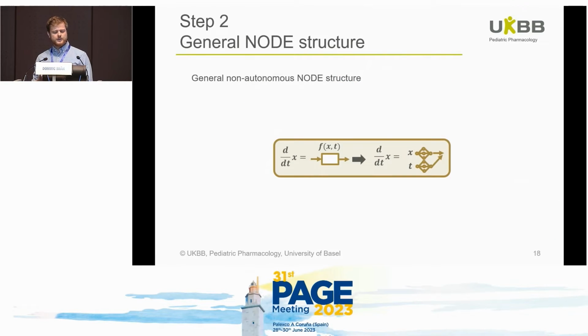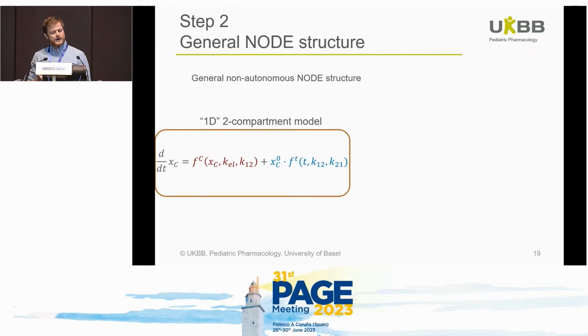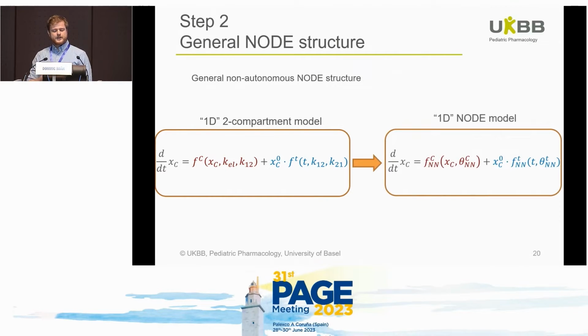With this, we can go now to step 2, to get our general NODE structure. Again, on the example of the 2-compartment model, where we have these 2 functions, one that is concentration-dependent and one that is time-dependent, we can just substitute these functions with neural networks. And we get our one-dimensional neural ODE model.